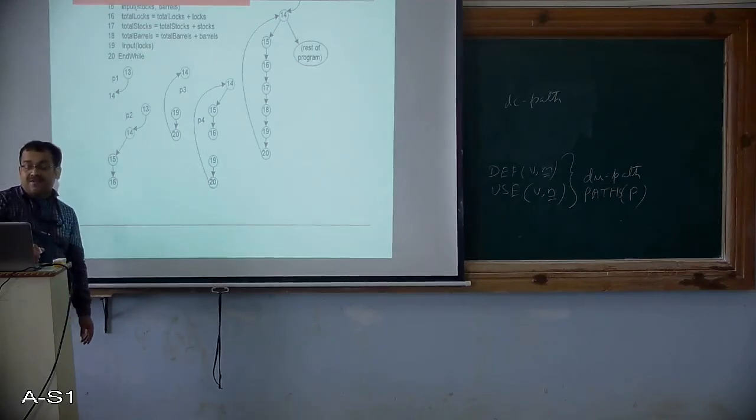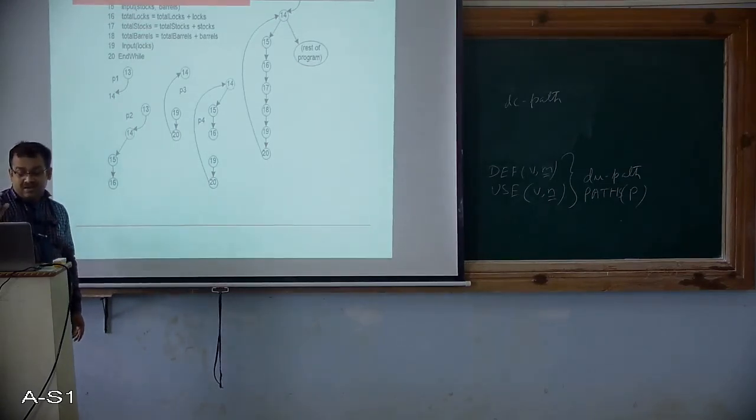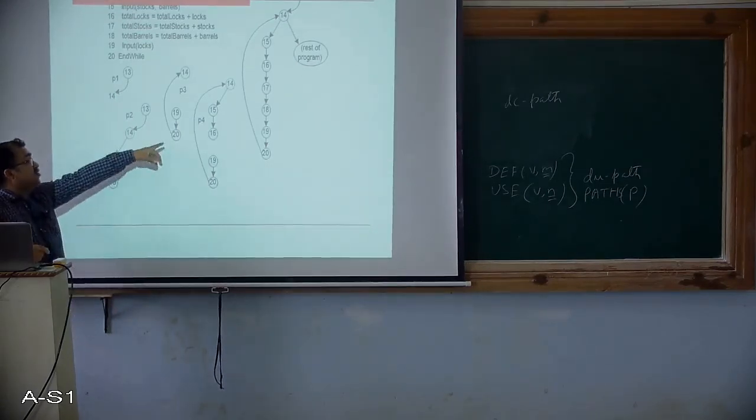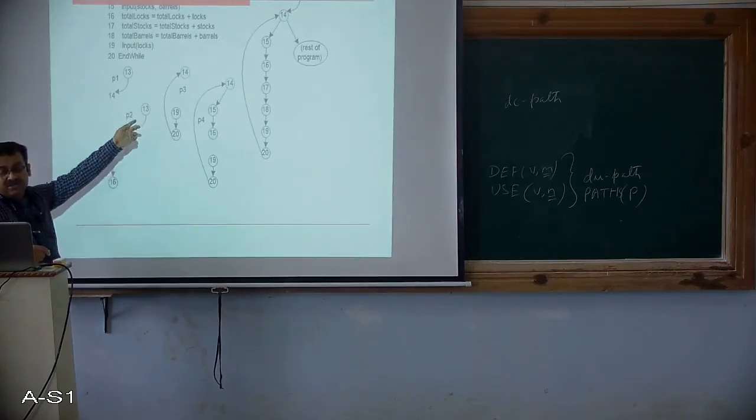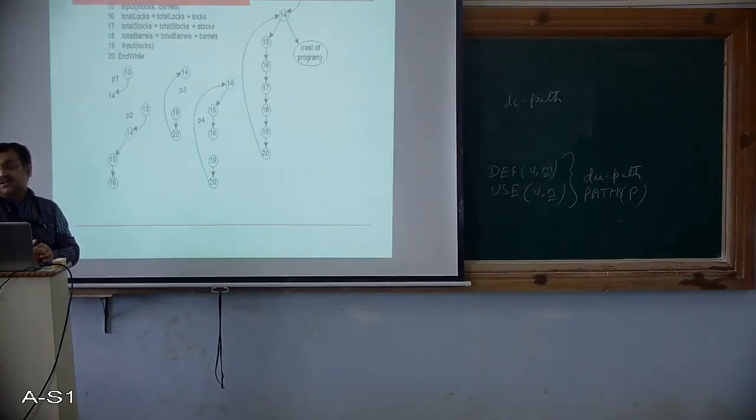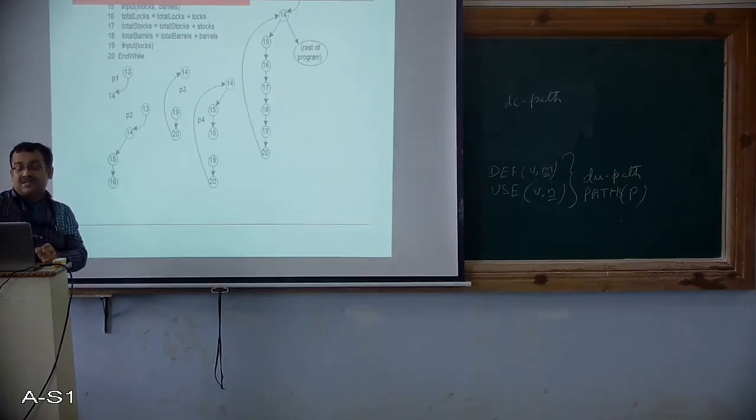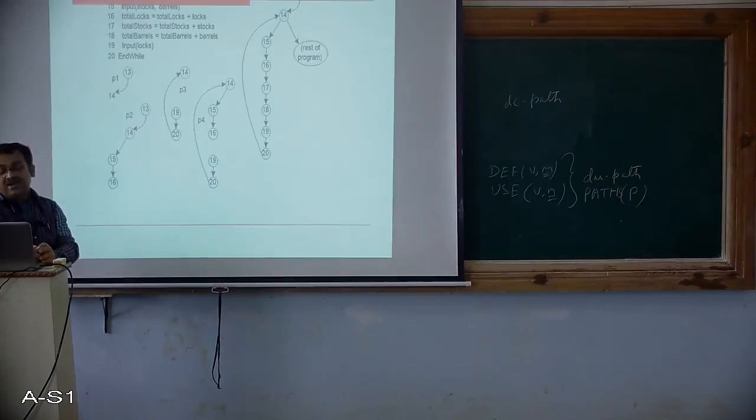Similarly, starting at the node 19, if the condition is satisfied, it has to enter the nodes 15 and 16. So it is similar to the P2 path, only thing is that it starts at 19. The variable is defined in the node 19 and used in the last node 16.